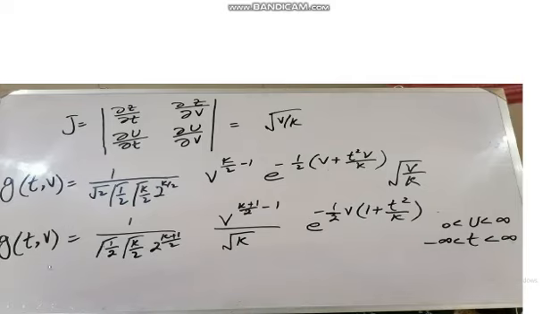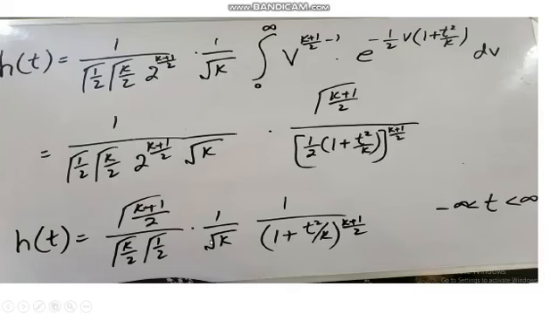Now the basic purpose is finding the density of T, not the joint density. So we will find the marginal density of this joint distribution. The marginal density may be found by taking the integral over the variable V and solving it.